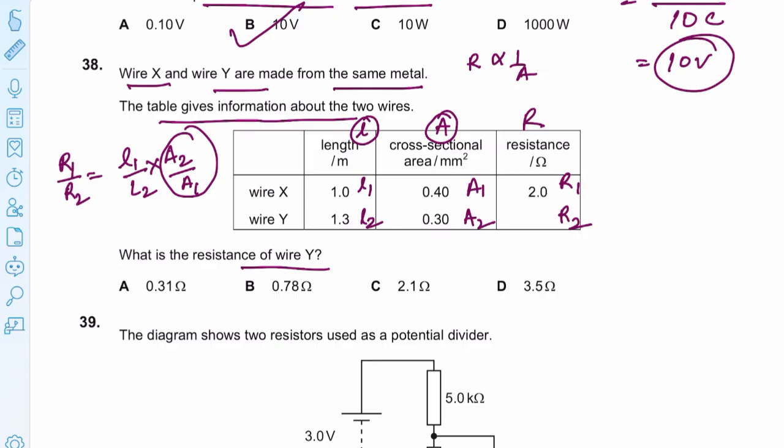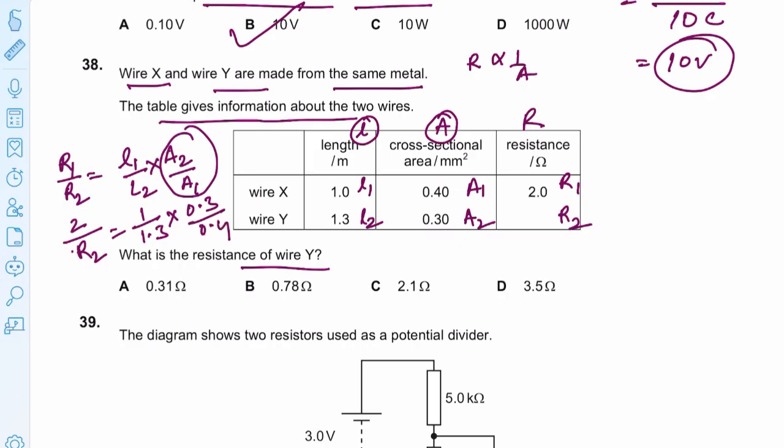Now just simply put the values there. R1 is given as 2 over R2, which I'm keeping like that, L1 is given 1 over 1.3. Please be careful, area 2 is given 0.3 over 0.4.